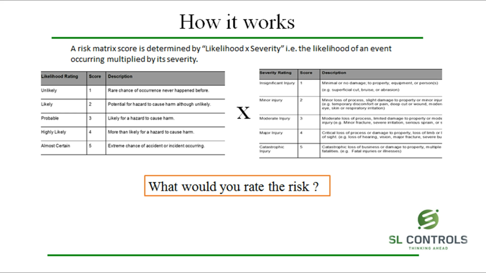Similarly, the severity rating can either be categorized as one of the following: insignificant injury, minor injury, moderate injury, major injury, and catastrophic injury, and these are rated from 1 to 5 as well. To aid you in deciding what categories are applicable to your hazard, a description is provided for each category.